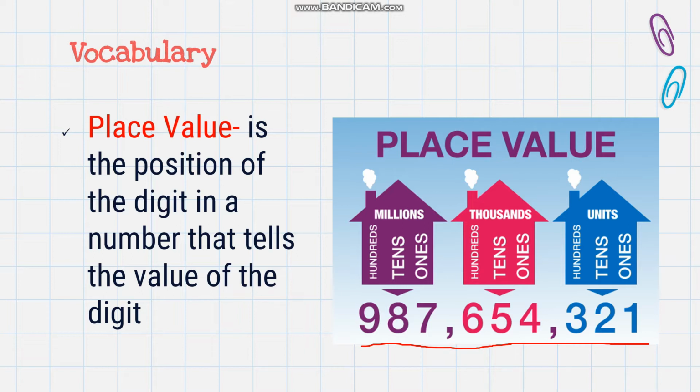If the question is to find the place value of 6, you simply identify the place of the digit 6. 1 is in the ones place, 2 is in the tens place, 3 is in the hundreds place, 4 is in the thousands place, 5 is in the 10,000s place, and 6 is in the 100,000s place. So the place value of 6 is 100,000s.